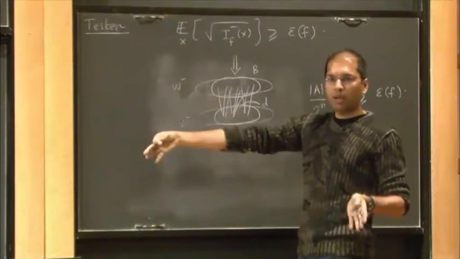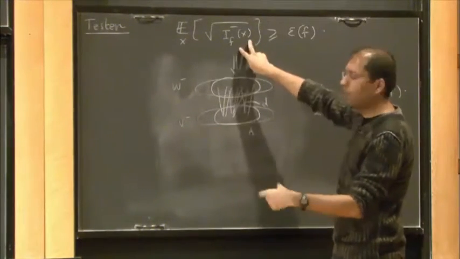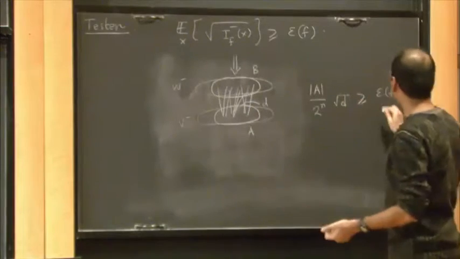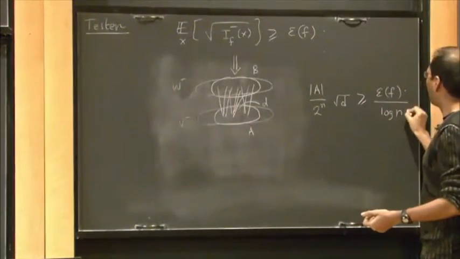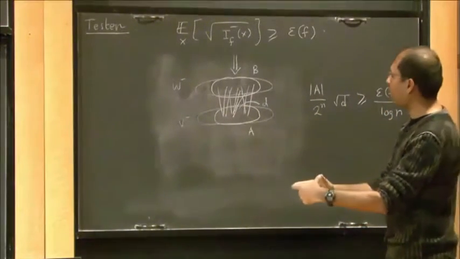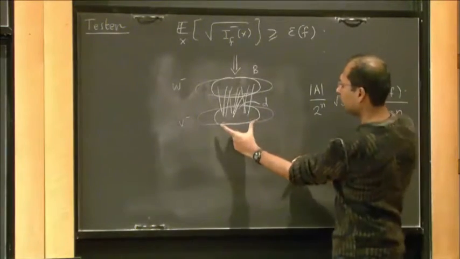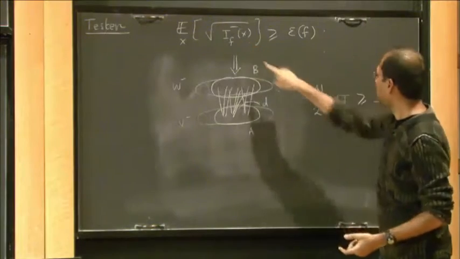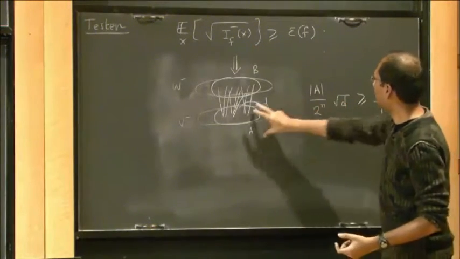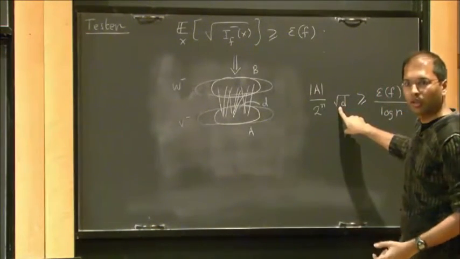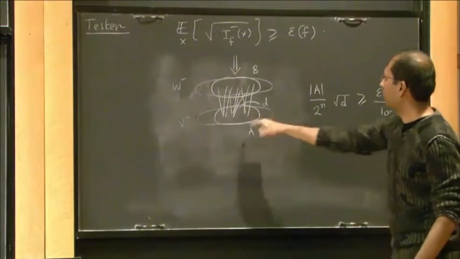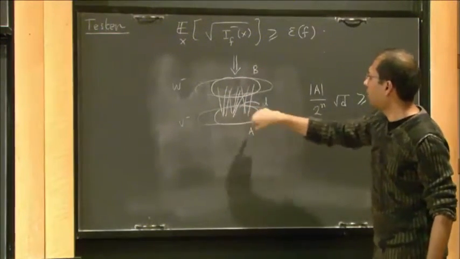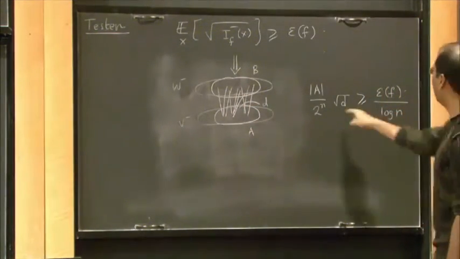Out of these log n buckets, you take the bucket which contributes most, so it contributes at least epsilon of f over log n. You take the most popular bucket, and then the vertices of that degree, and this is exactly the relative size of A multiplied by root degree. So there is a subgraph like this, where all vertices on the A side have degree D, and you have this inequality.